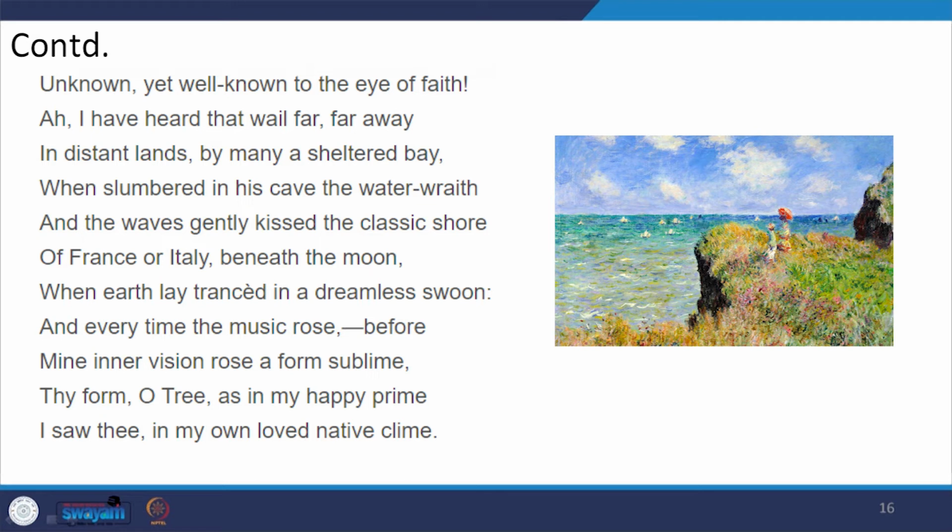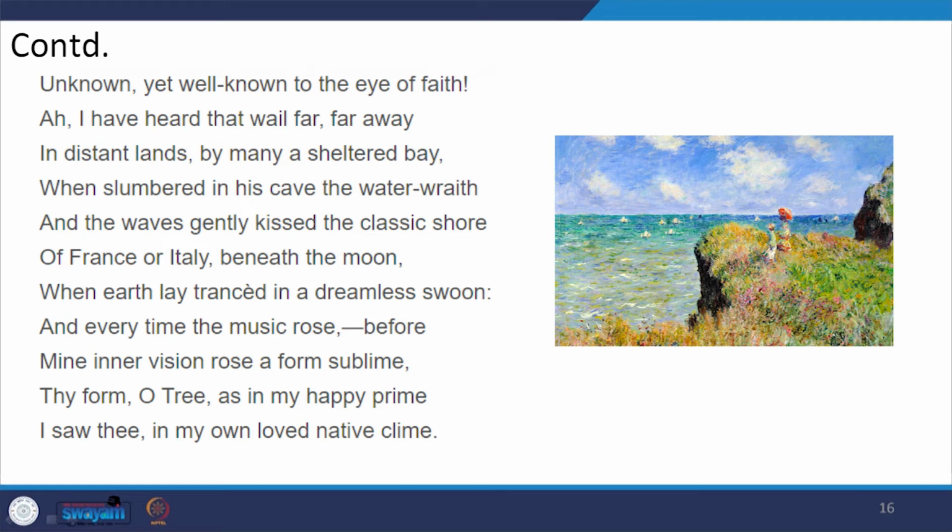Ah, I have heard that wail far, far away, in distant lands by many a sheltered bay, when slumbered in his cave the water wraith, and the waves gently kissed the classic shore of France or Italy beneath the moon.